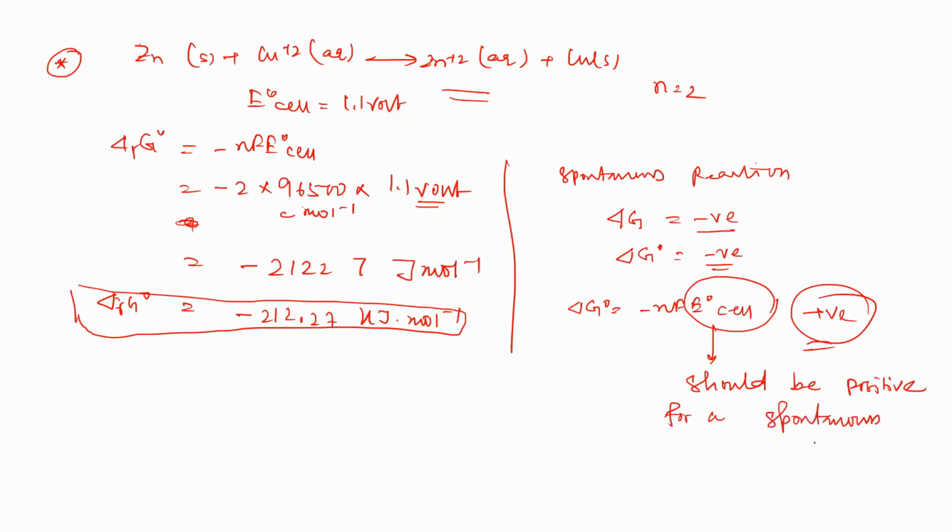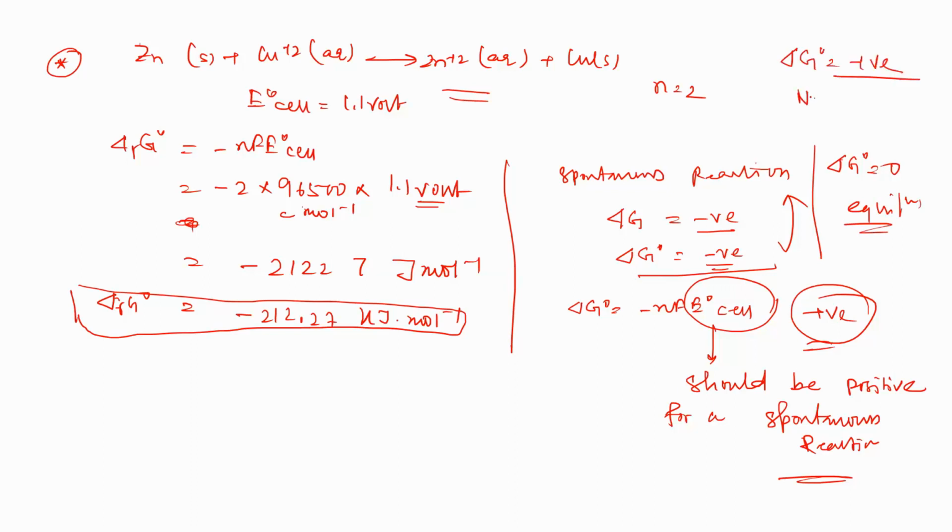So when delta G is negative, it will be a spontaneous reaction. When delta G equals 0, that means it is at equilibrium. When delta G is positive, this is a non-spontaneous reaction.